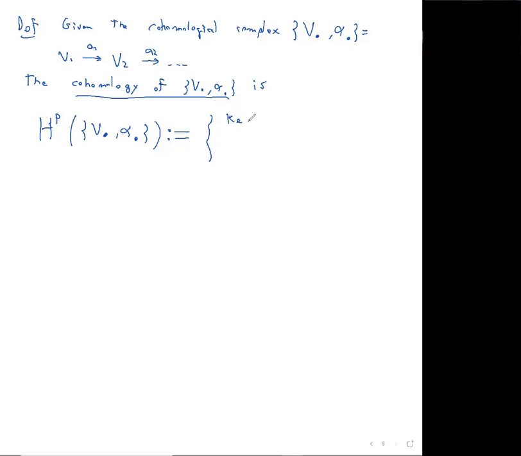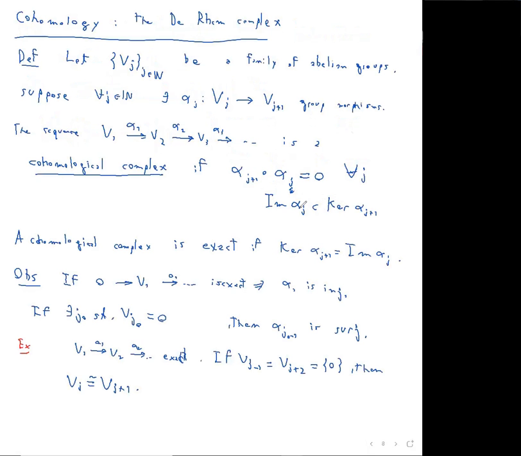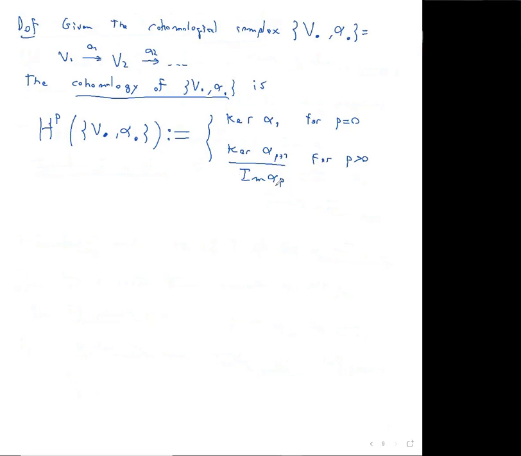So for the first step, it's simply the kernel of the first map. And otherwise, you take the quotient, kernel modulo image. This is allowed because, as we've seen before, the image is contained in the kernel, so we can take this quotient. And these are abelian groups, so we don't have to think about normality or anything. They're just quotients of groups.